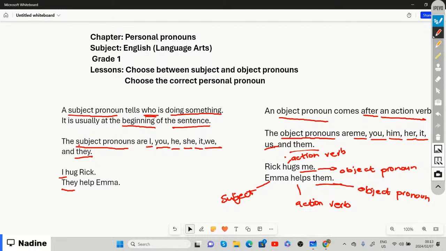The object pronouns are words like me, you, him, her, it, us, and them. And like we said, an object pronoun comes after the action verb. We broke it down for you: we have our subject, our action verb, and then our object pronoun, which comes after our action verb.